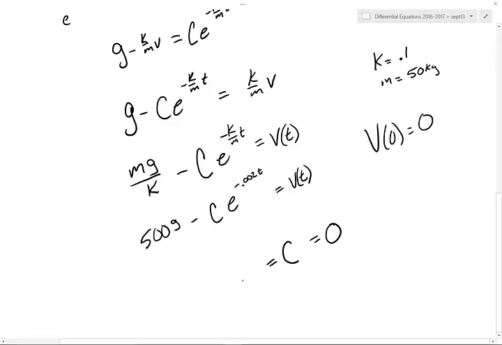True. So then c is going to equal 500 g, whatever that is.